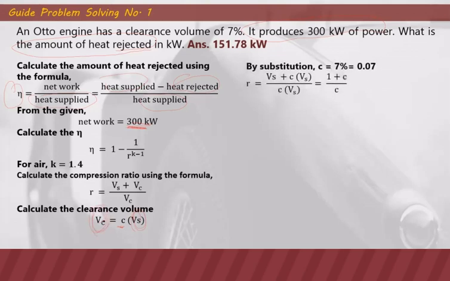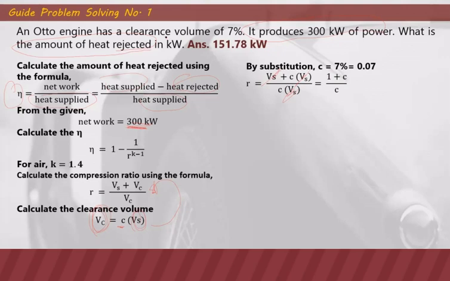So by substituting this into the equation, we can cancel out the swept volume. We just substitute Vc as c times Vs, such that our compression ratio can be written as 1 plus c, over c.